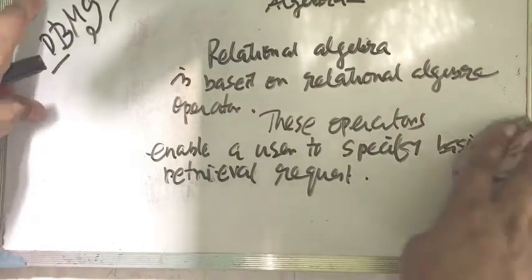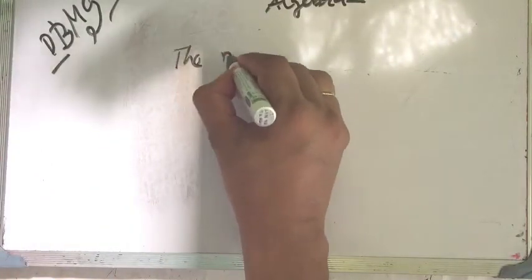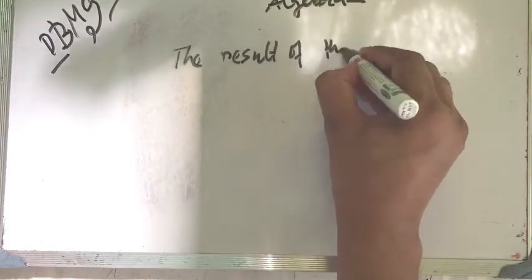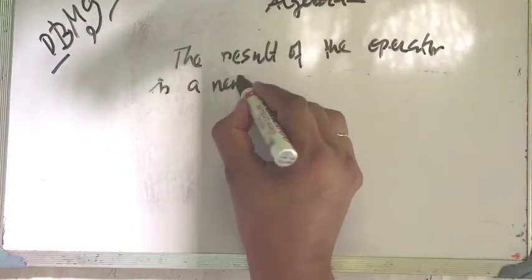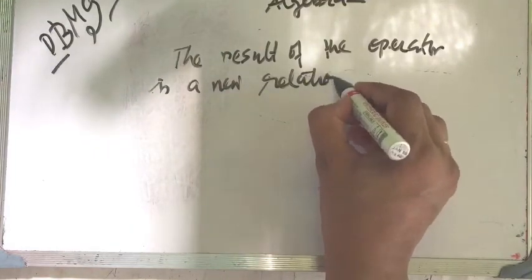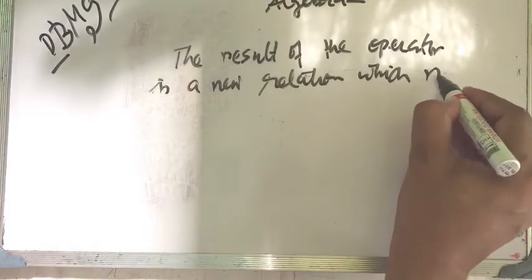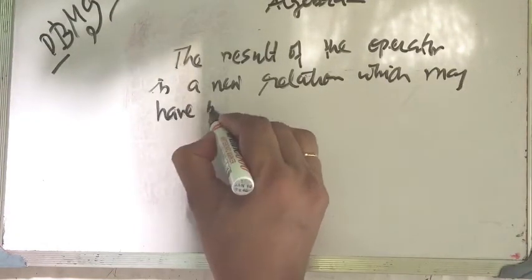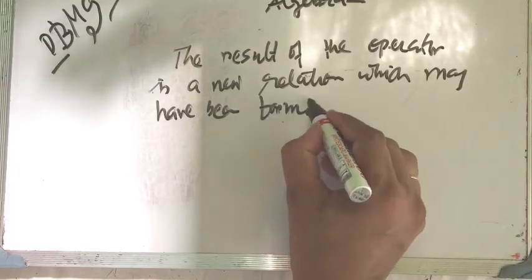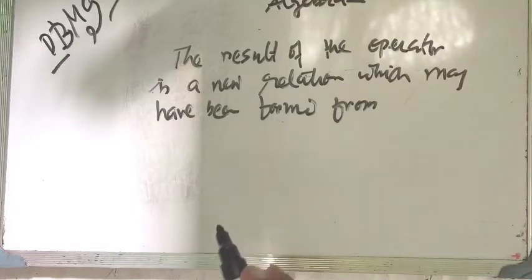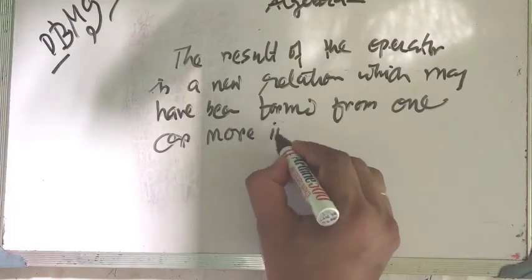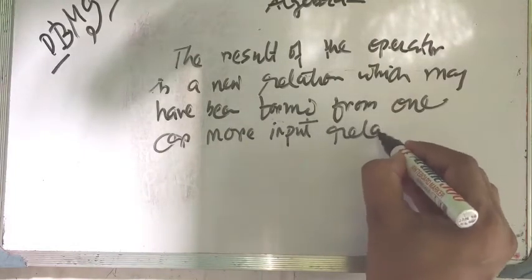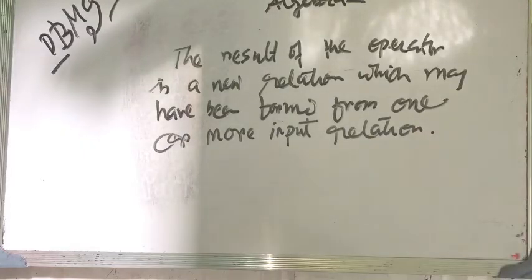The result of the operation is a new table or relation. The result of the operator is a new relation, which may have been formed from one or more input relations.